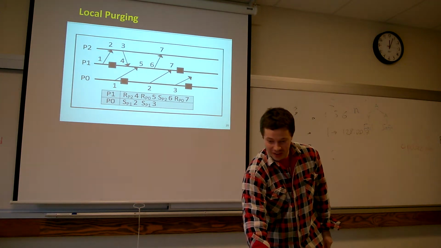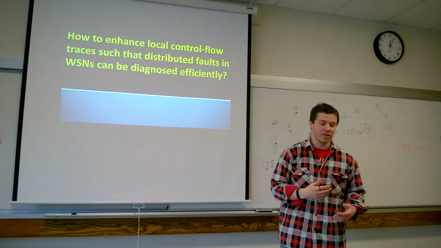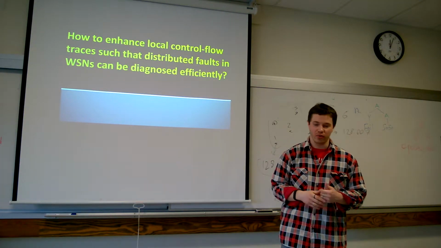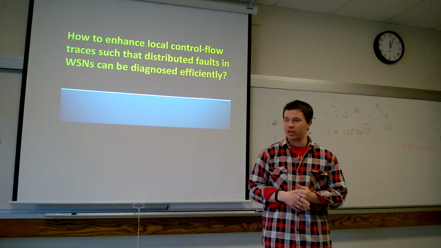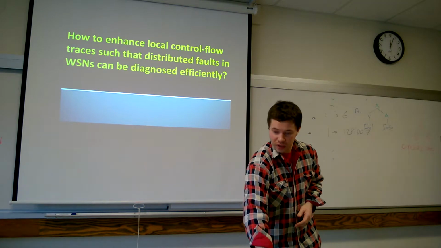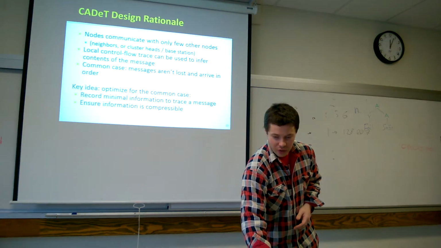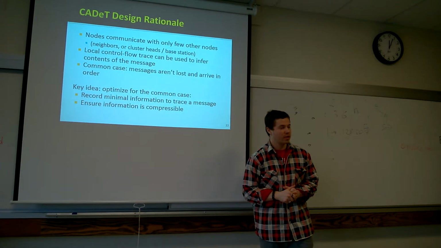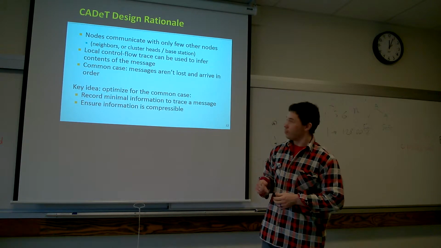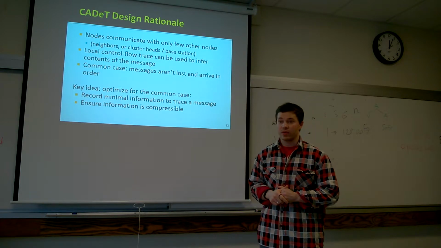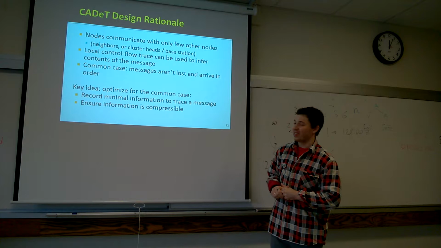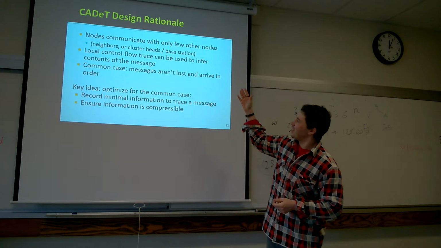The main question that the authors ask is how they can enhance control flow traces so they can help with better diagnostics of the faults. And this is the rationale behind the system that they devised, CADIT: compression-aware distributed tracing. So this is what it means.